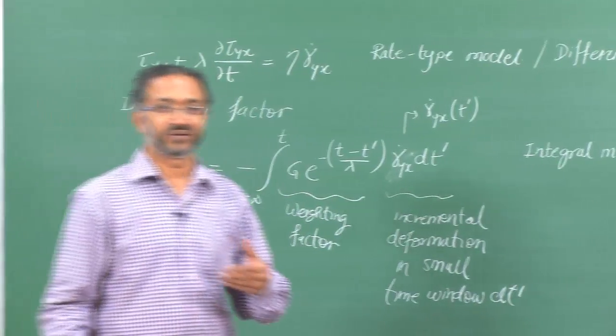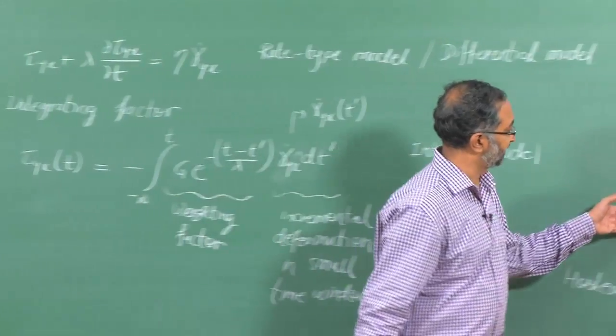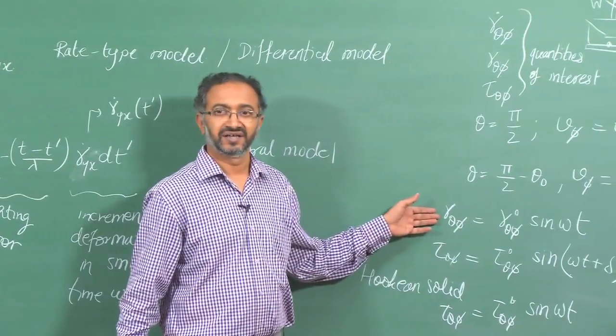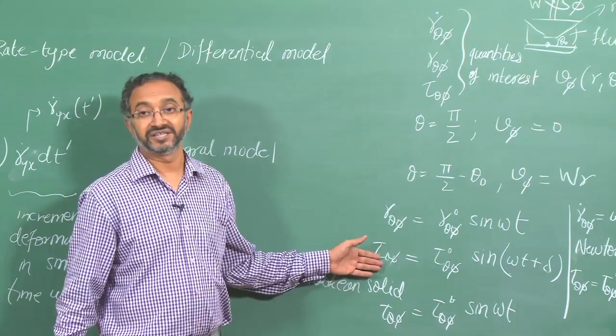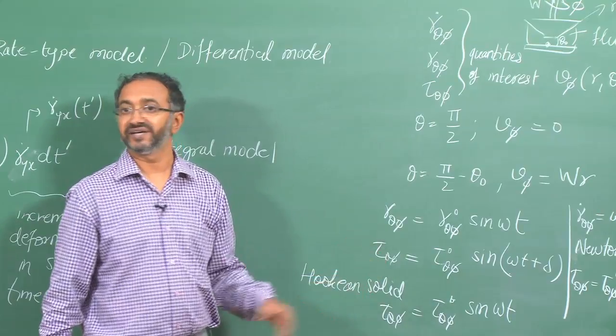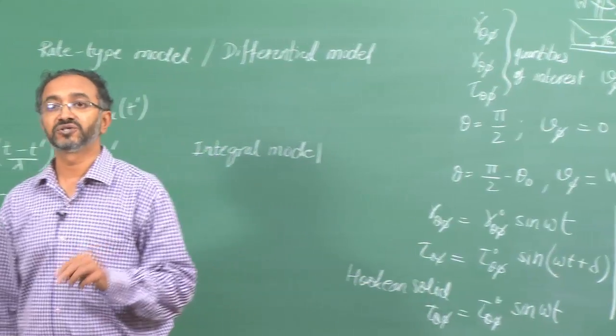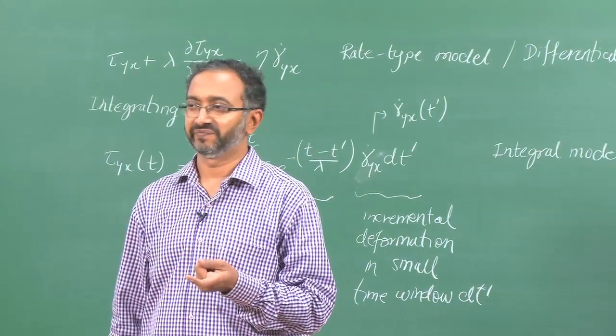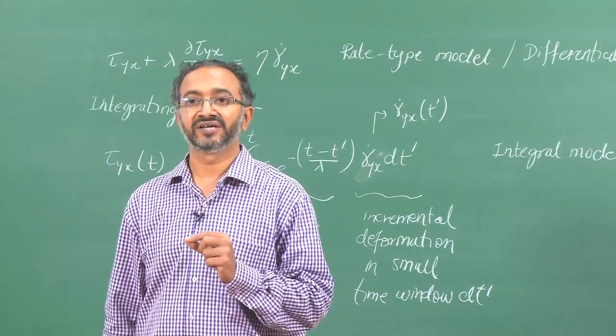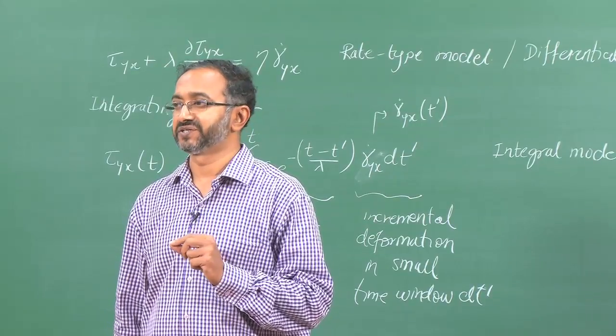As soon as I say this is the strain response, and I write an expression for stress, the only thing we have said is that most generally it could have any phase lag, but we are also saying that the response will be at the same frequency as that of the input. That is inherently only possible for small deformations.